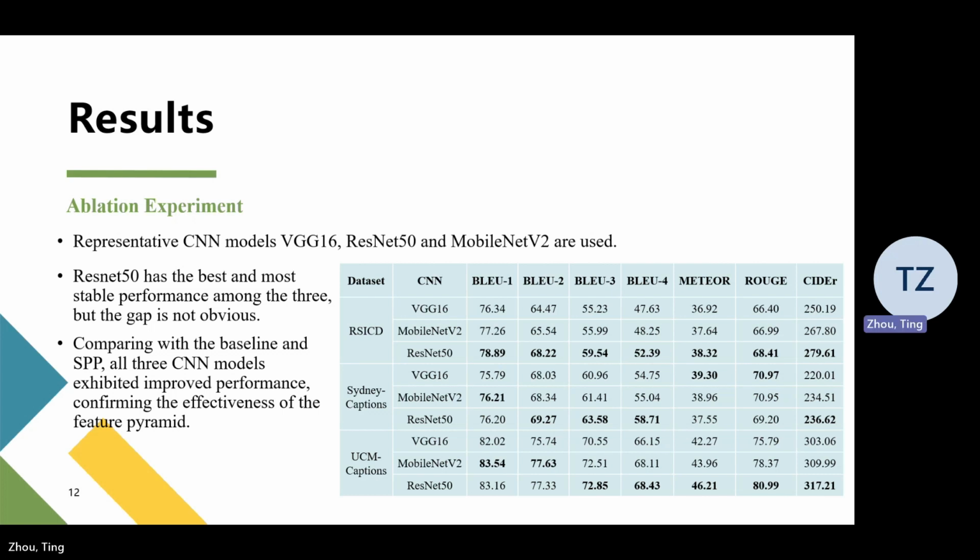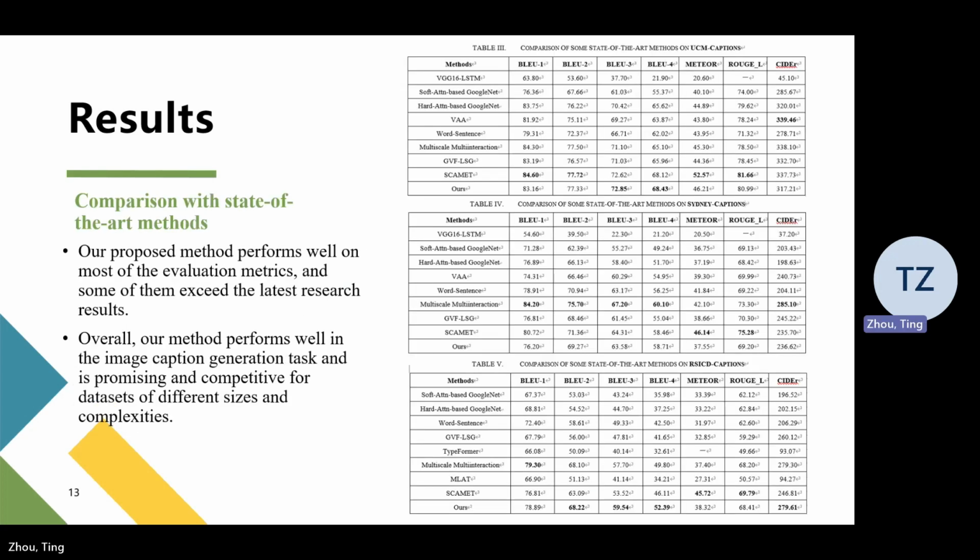Also, comparing the results with the baseline and the SPP-based models, all three CNN architectures exhibit improved performance, confirming the effectiveness of the feature pyramid module. To objectively evaluate the performance of the proposed model, it is important to conduct a comparison with some state-of-the-art results.